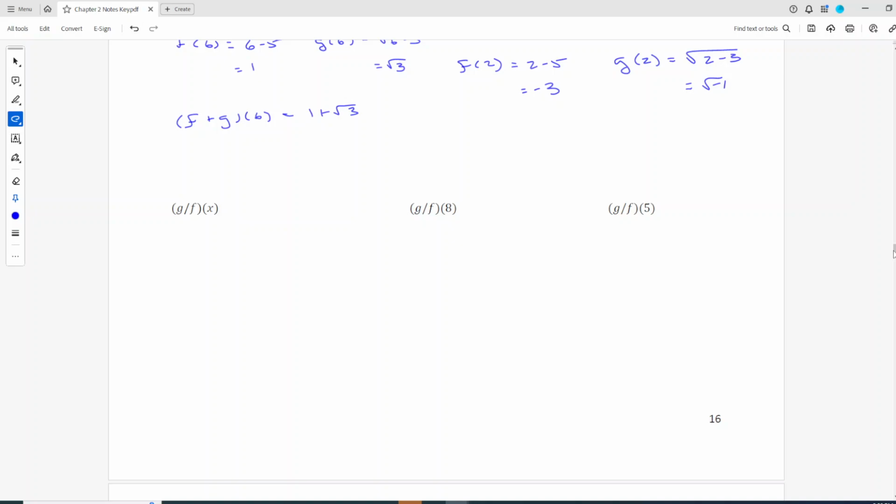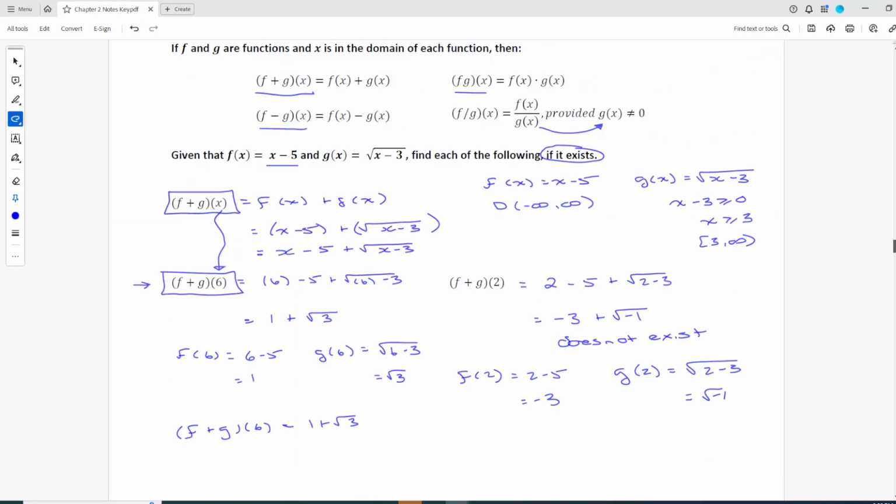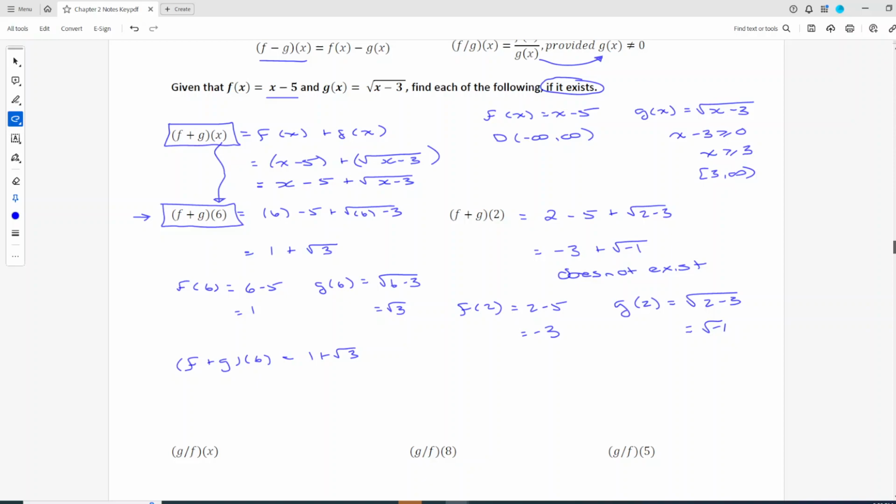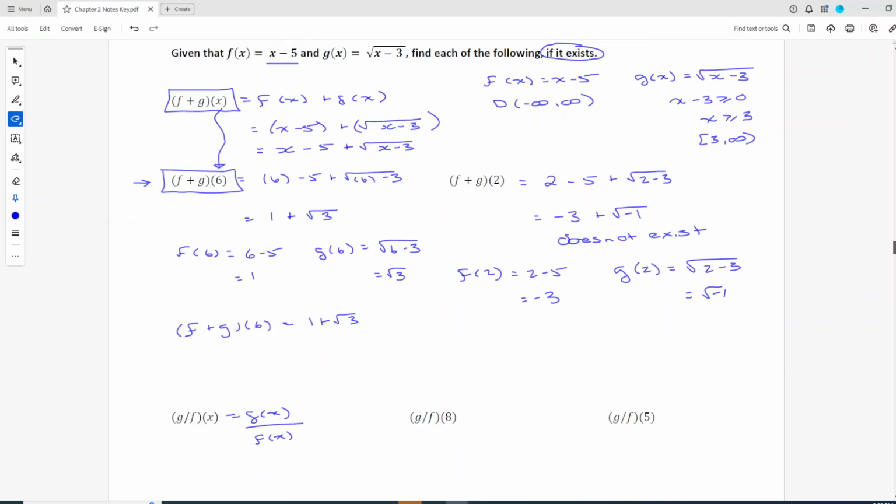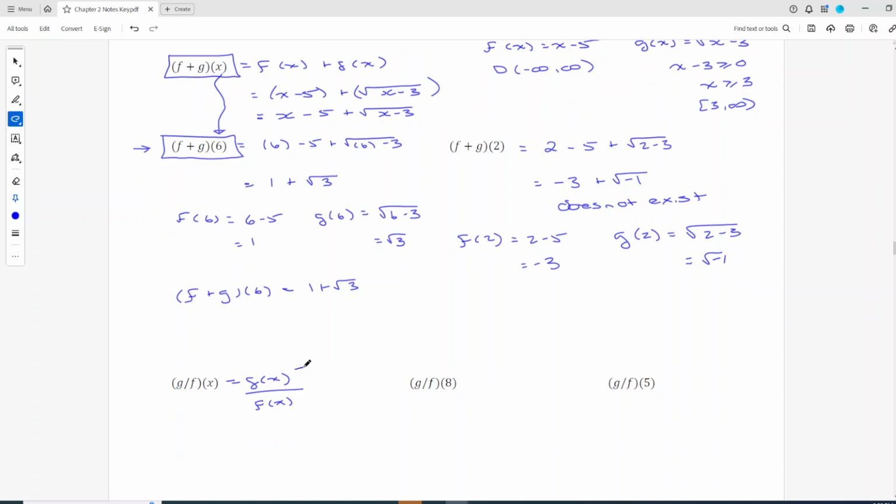So for example, if they get you to do a quotient, g over f of x, this is asking you to do the g of x function divided by the f of x function. Now for this one, if you think about the domains, we said that the domain on g was that x had to be greater than or equal to 3, and we said that for the f of x function, the domain was negative infinity to infinity, which is fine.